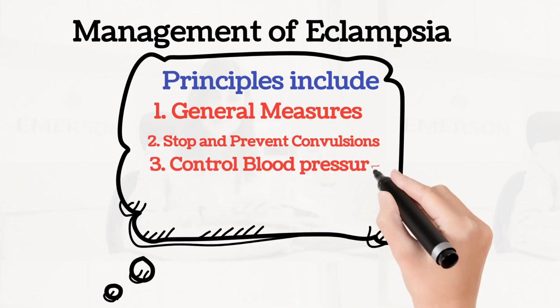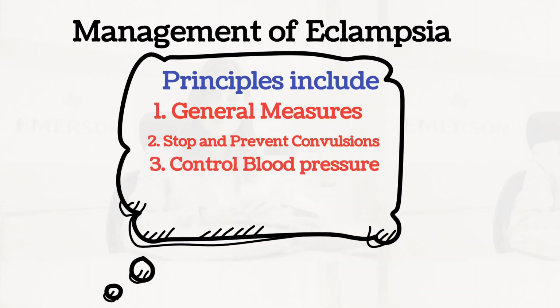Then the other principle, number three, is to control blood pressure. You have to control the blood pressure with antihypertensives, so nifedipine and methyldopa, like we said in the previous video.